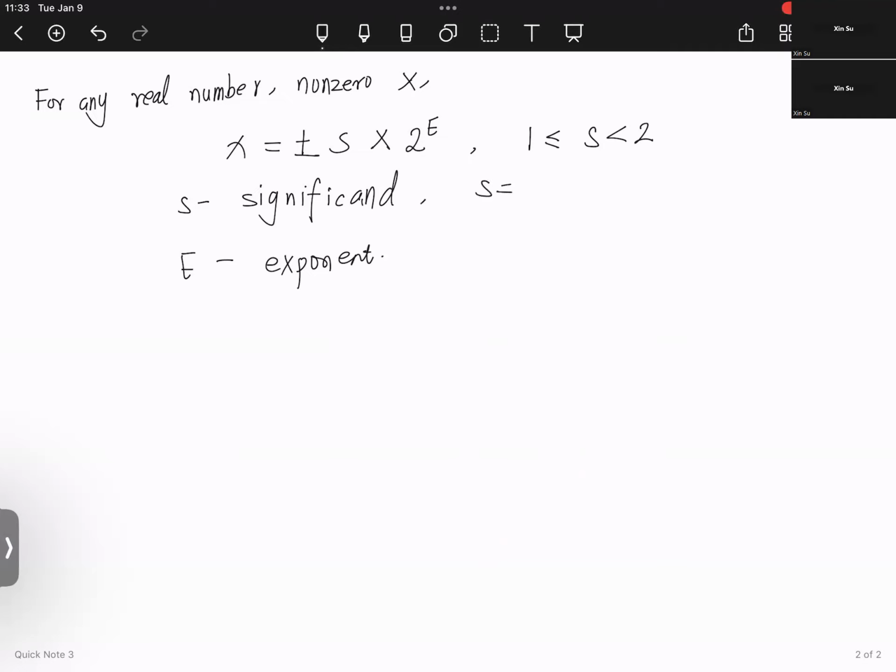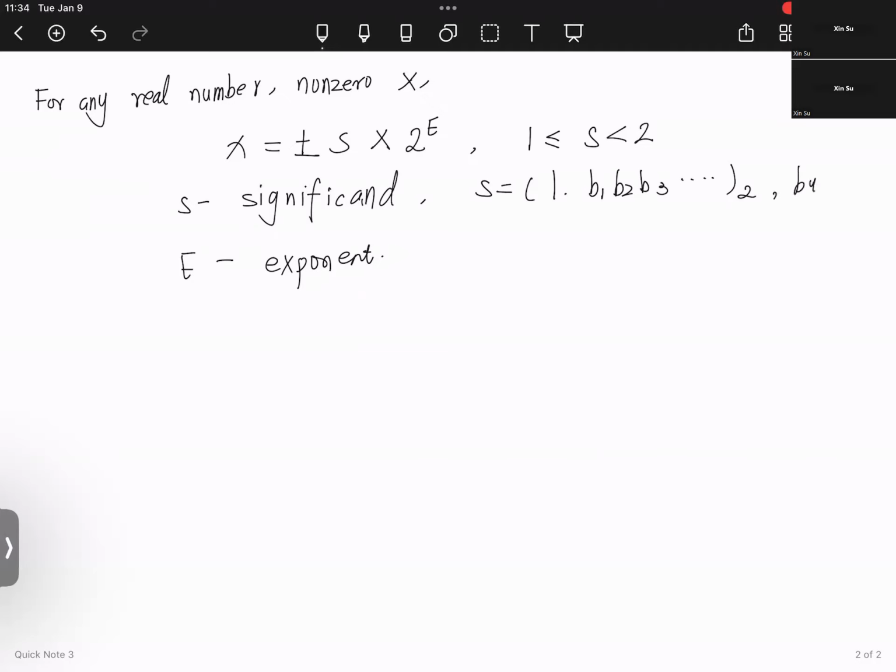So the s is between 1 and 2. It could be 1, and then s is in this format, 1.b1 b2. These are the digits in the first place, second place, and so on and so forth, in the binary representation.